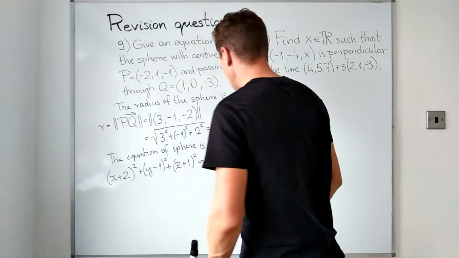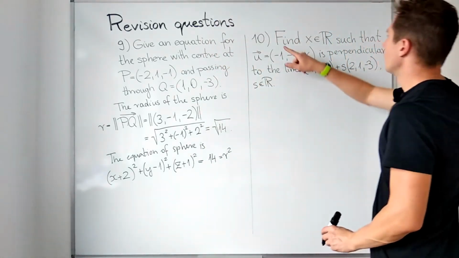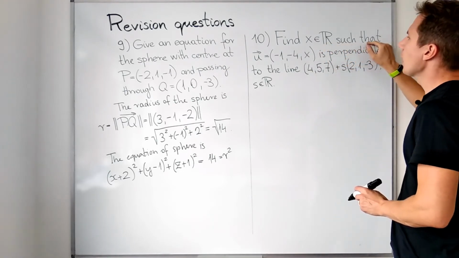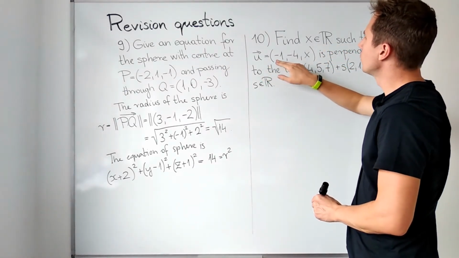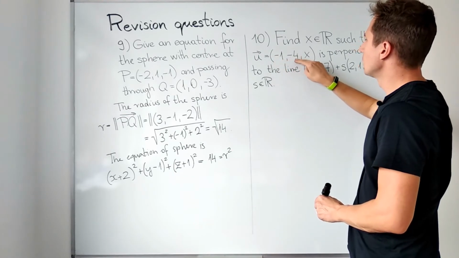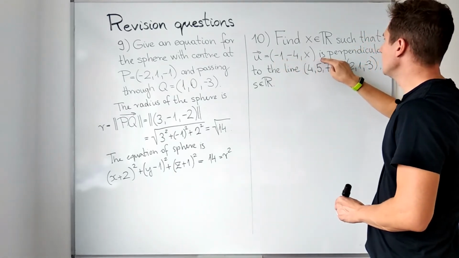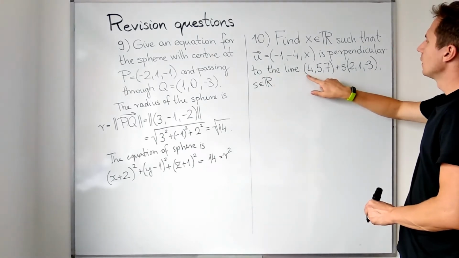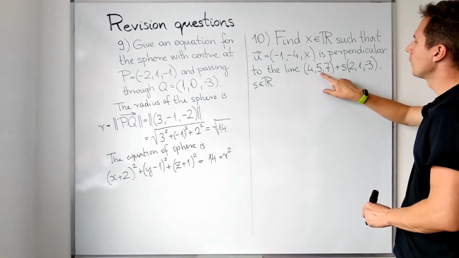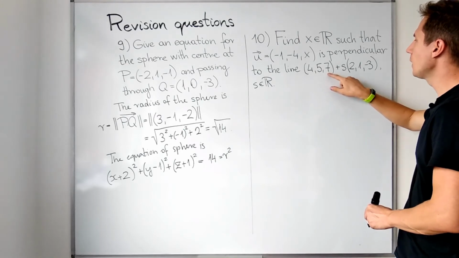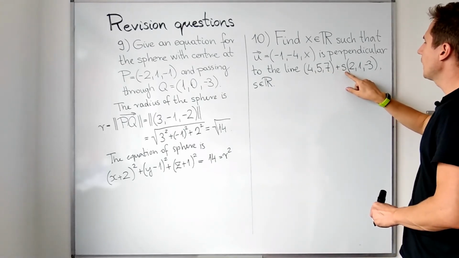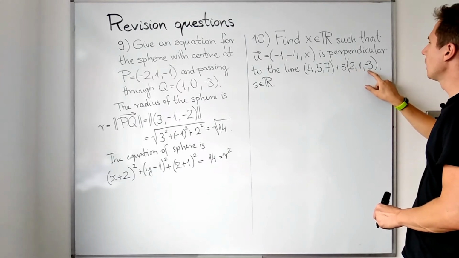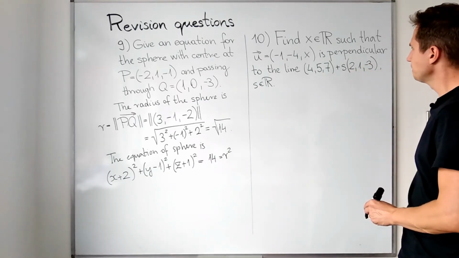Now let's find x, a real number, such that the vector u with coordinates -1, -4 and x is perpendicular to the line given by this point 4, 5 and 7, its coordinates, plus s times this vector 2, 1 and -3 are its coordinates.